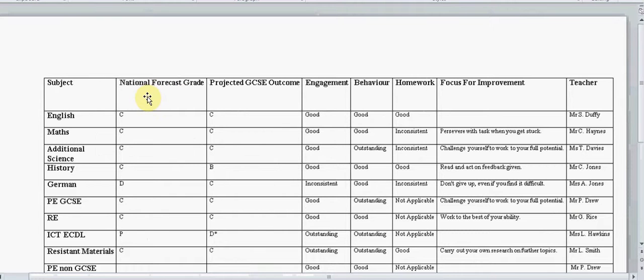We are able to have data nationally from a charity that's called the Fisher Family Trust, or FFT, and they are given every single student's data at the end of Key Stage 2.